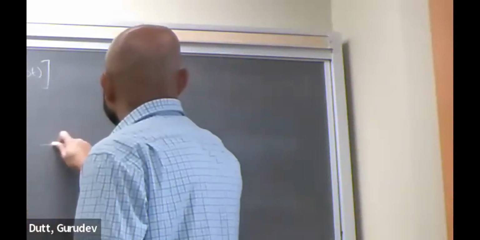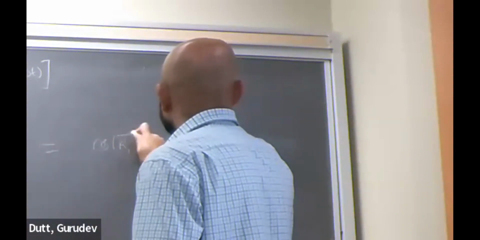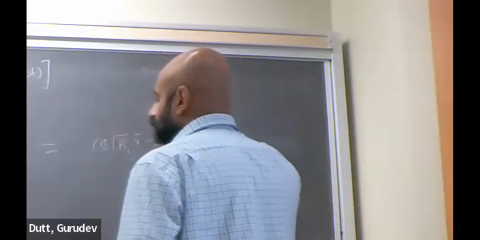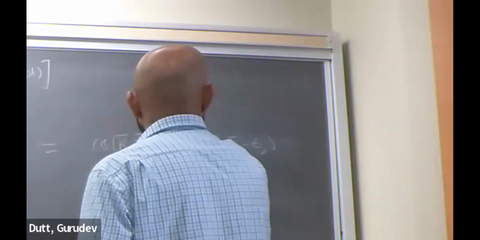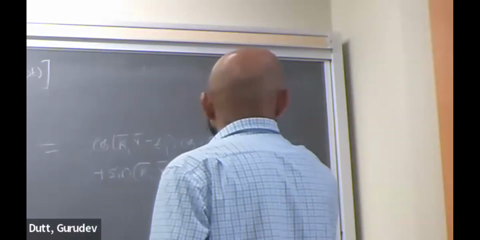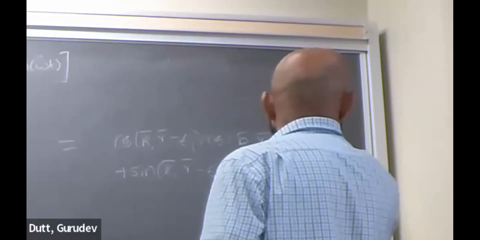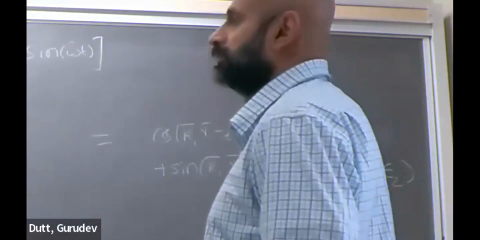So these terms go away, and I'm left with cosine k1 dot r minus epsilon 1 cosine k2 dot r minus epsilon 2 plus sine k1 dot r minus epsilon 1 sine k2 dot r minus epsilon 2.